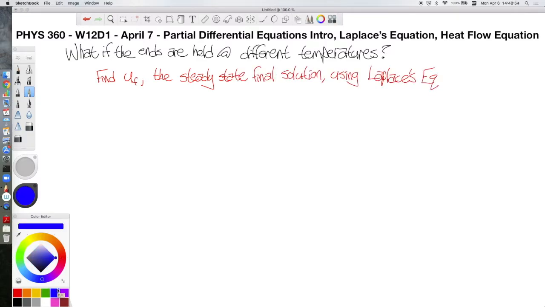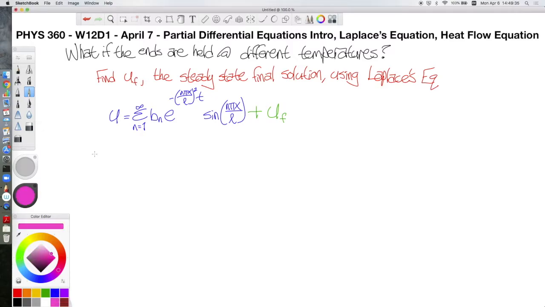And then one of the lines from the previous slide where we first wrote the full form of our solution as u equals the sum from n equals 1 to infinity of b sub n e to the negative quantity n pi alpha over L squared times t times the sine of n pi x over L. We are going to modify this step of our solution to say u is going to have to be equal to this plus our final steady state solution.